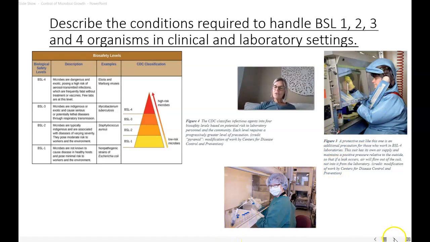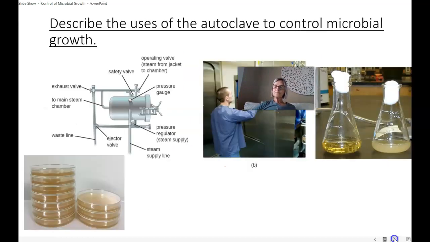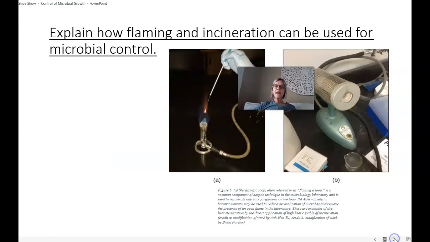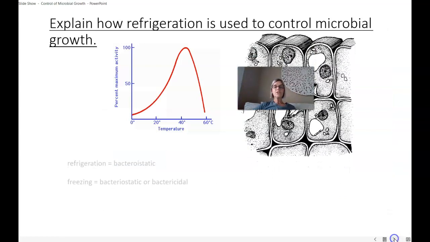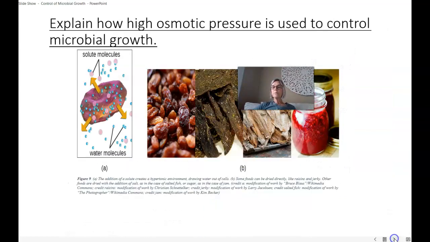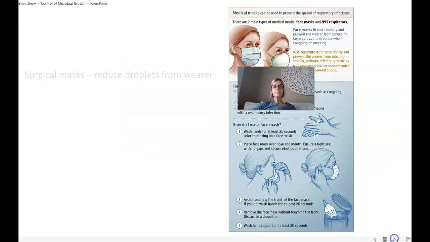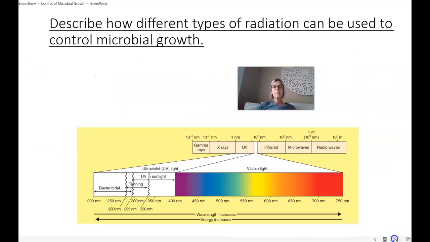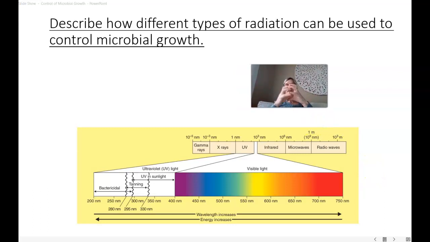Another use of UV light: you might have a water purifying system in your house if you've had a problem with bacteria in your water. You might have a UV unit on your water supply that the water runs through, like a little area that's exposed to UV light.